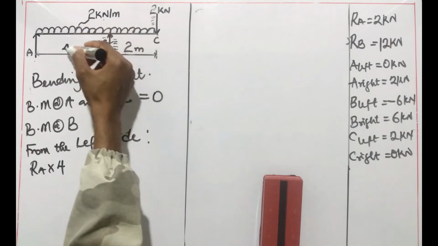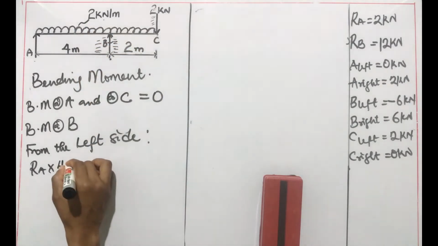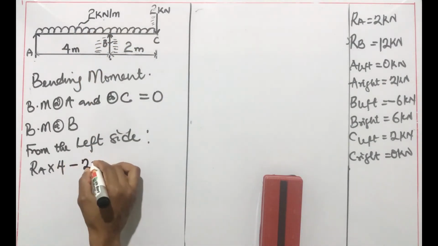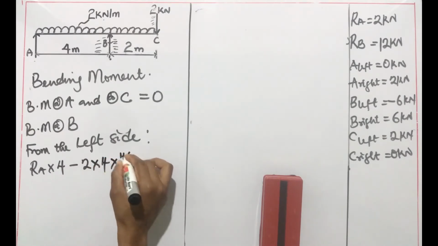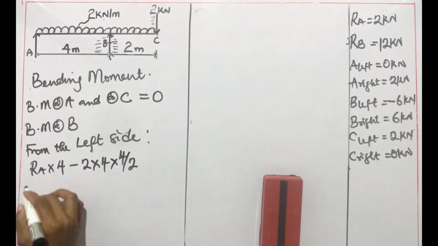Now the next is the UDL, which is 2 times its distance times its distance divided by 2.